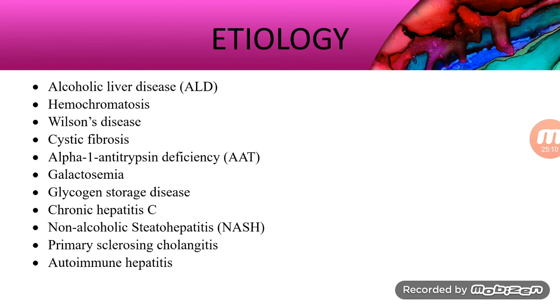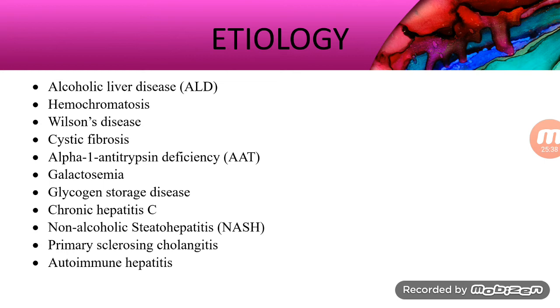So due to that, one condition will occur that is known as galactosemia. In this galactosemia, excess amount of galactose will be there in the blood due to improper utilization of the galactose. Then due to this also liver cirrhosis can occur.